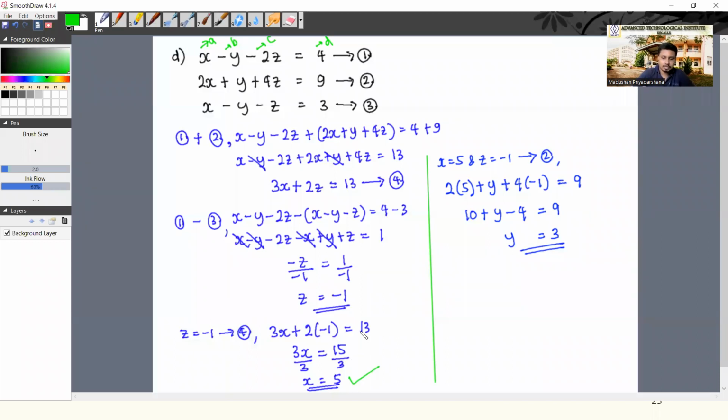To get the other values, again press the equal sign. Then you can see y equals 3. Again press equal. Then you can see the z value equals -1. So we have solved this simultaneous equation correctly.